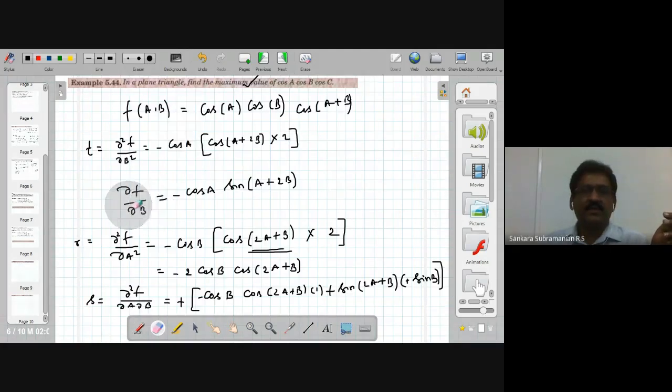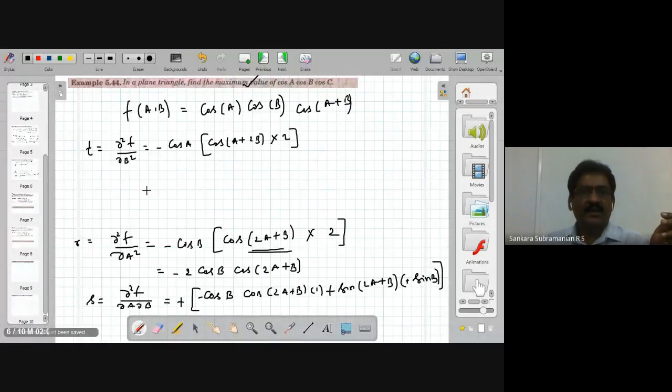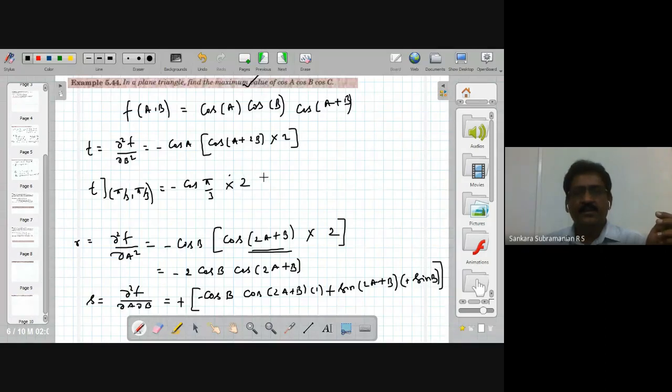I have all the quantities. Now I don't want to go for a tabulation column because only one point is there. So I can find T at the point pi by 3, pi by 3. You should know the values for sine pi by 3, cos pi by 3. This is minus cos pi by 3 into 2 into cos of A plus 2B.